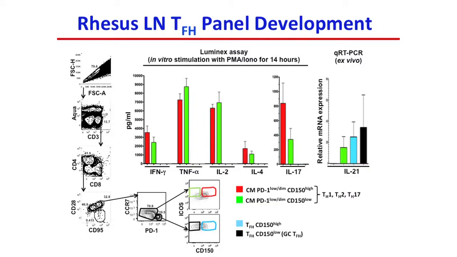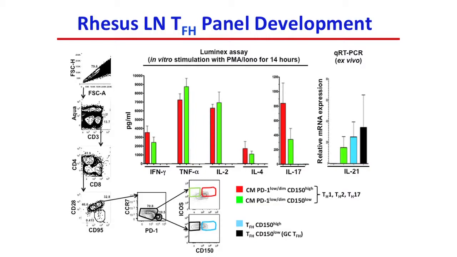We can then stimulate these different populations that are color-coded here and ask what cytokines do they produce. And you see, if we look at the cells that are not T follicular helper cells, they make interferon gamma, TNF, IL-2, a little bit of IL-4 and IL-17. So these cells here are really your Th1, your Th2, and your Th17 cells.